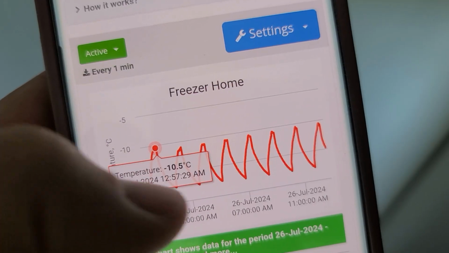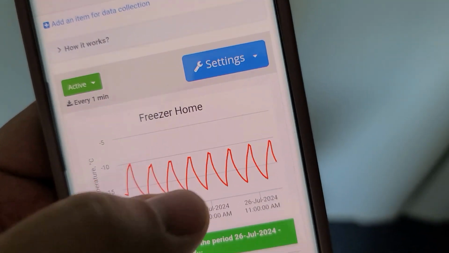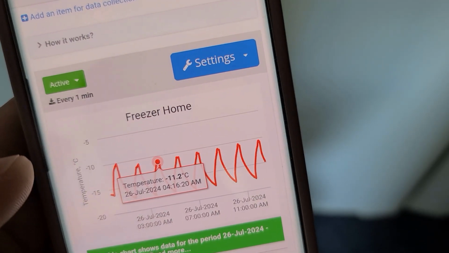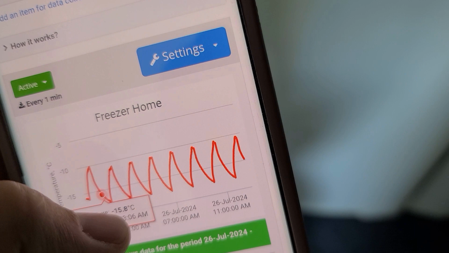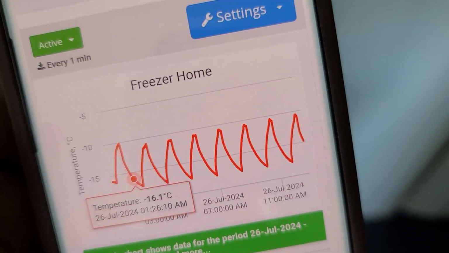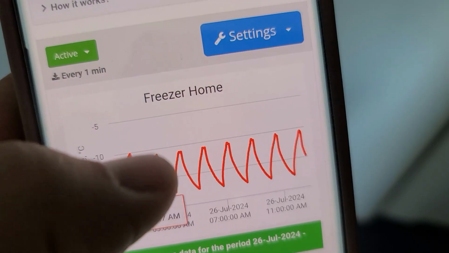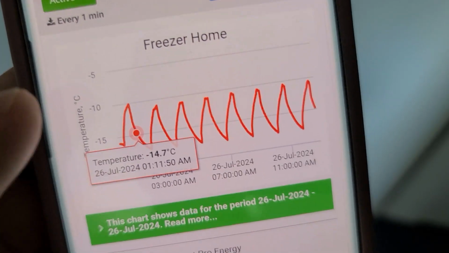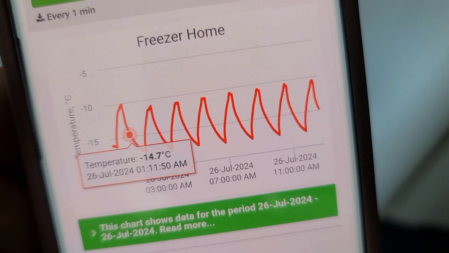Let me try it through the phone. It's not that convenient to watch through the phone and catch the point, but okay, you can see by the scale that it is minus 18. But when the compressor stops, it goes up to minus 10, and you will still see there minus 18.